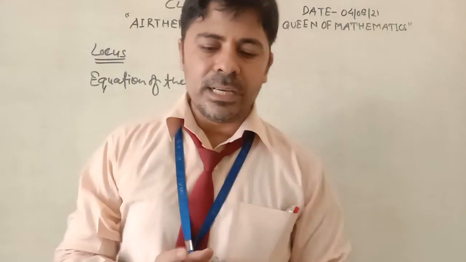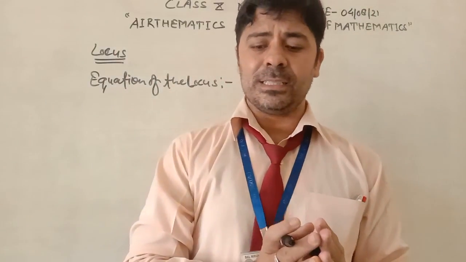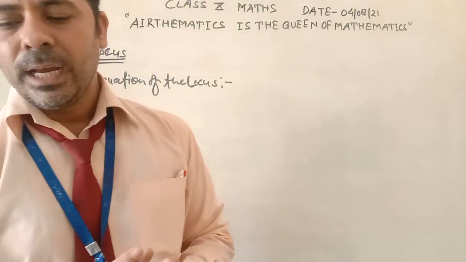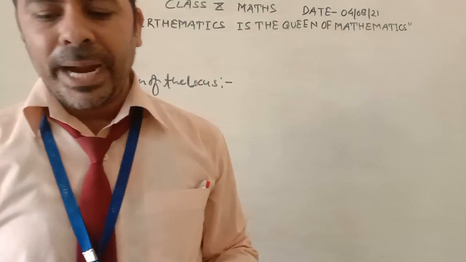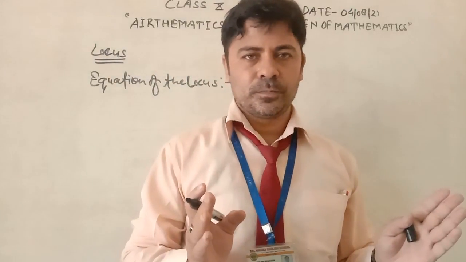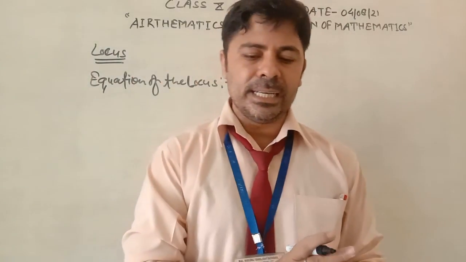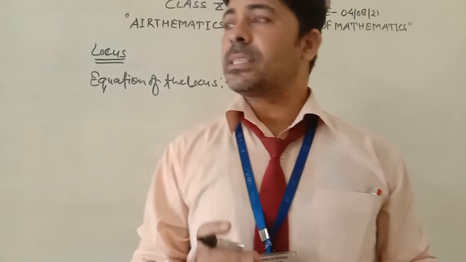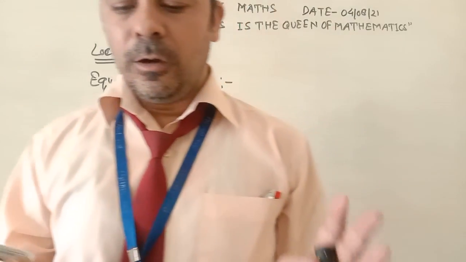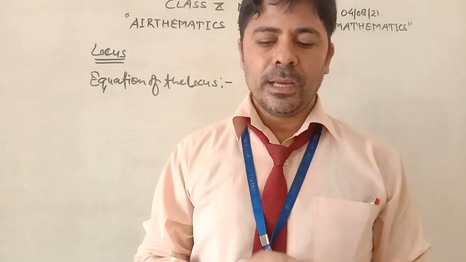An algebraic relation between x and y, the coordinates of a point which satisfies a certain condition, is called the equation of the locus of the variable point x, y.